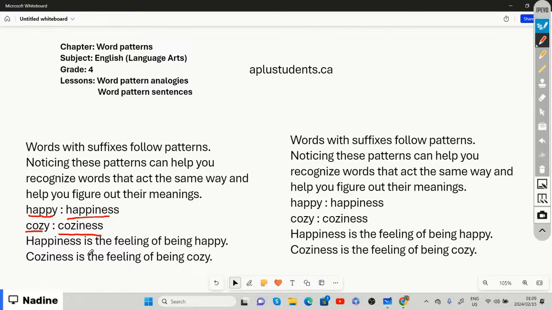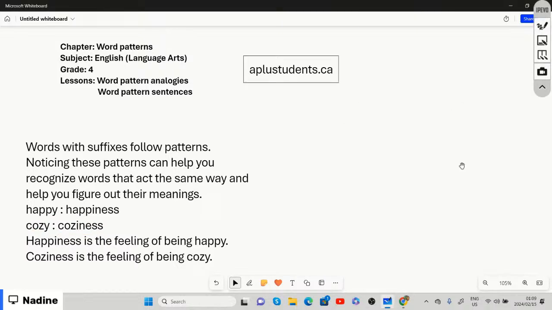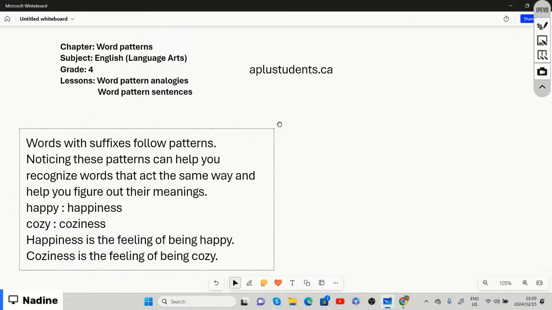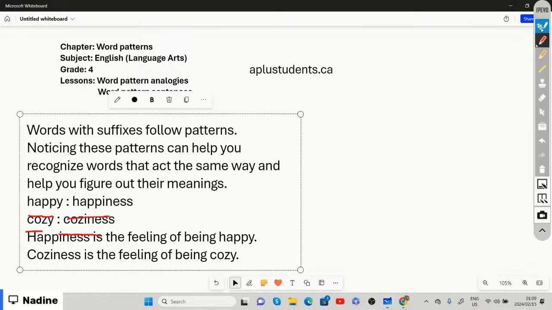So we say that words with suffixes, and remember a suffix, is a word that you add at the back or at the end of a base word, right?